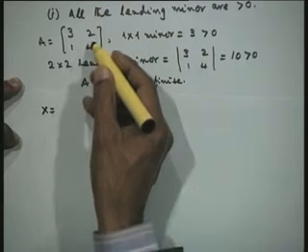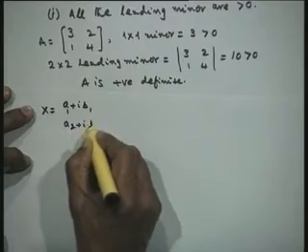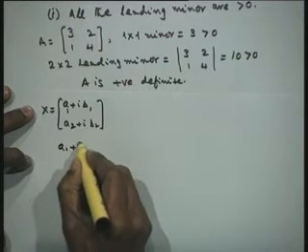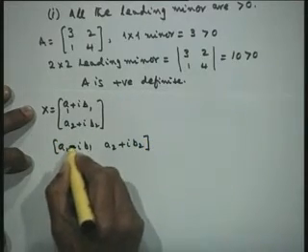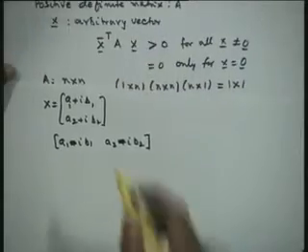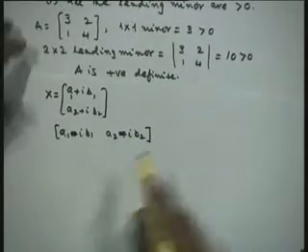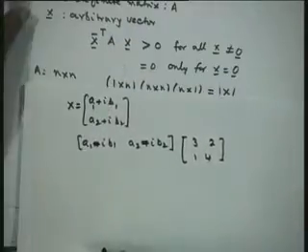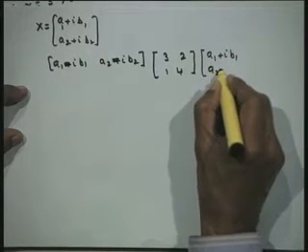We could as well take x as a vector; since A is a 2 by 2 matrix, I can take x as A1 plus iB1, A2 plus iB2, and then construct x transpose A x. Taking the conjugate transpose, the conjugate gives a minus sign and the transpose gives a row vector, and A is 3 2 1 4, multiplied by x.